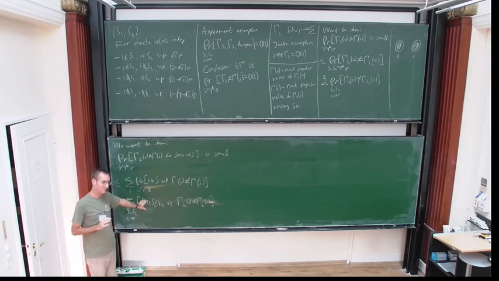So this sum is still there. Now it's hidden in this number of indices.